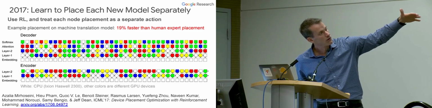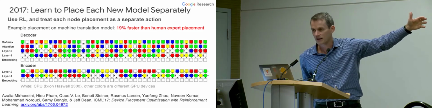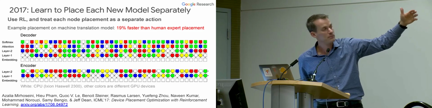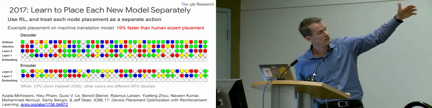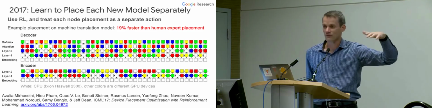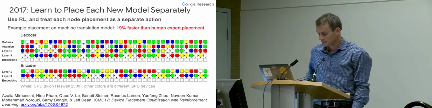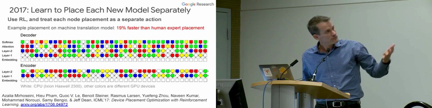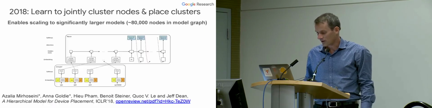But the RL system is actually able to find some pretty interesting interleavings of how to map computation onto these devices. It will occasionally use the CPU, which is much slower than the GPU, so it uses it every so often, but not all the time. So that was the first bit of work we did in this space.